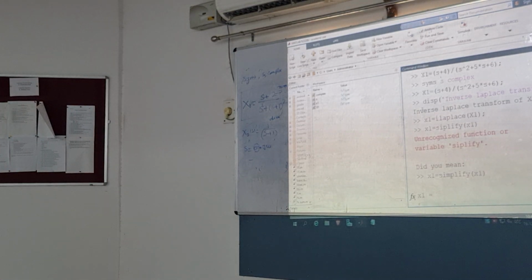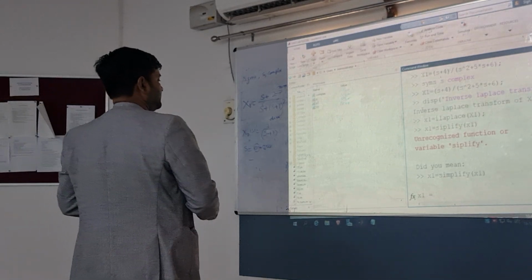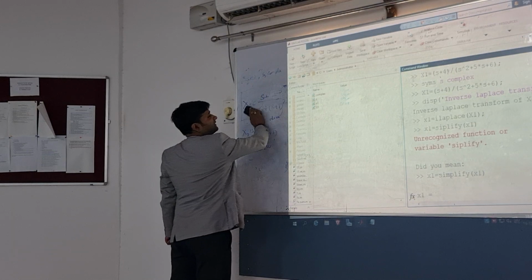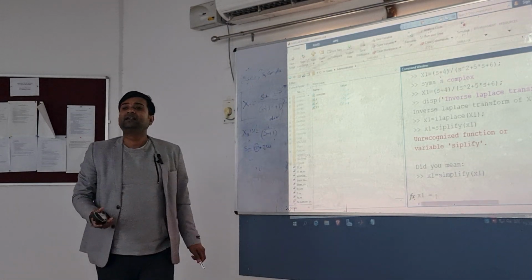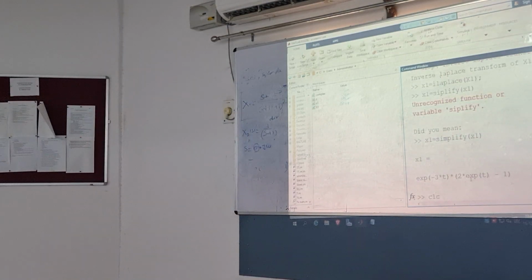Simply you have write down the basic code. First of all you write the CLC code, clear the window, CLC and clear all.